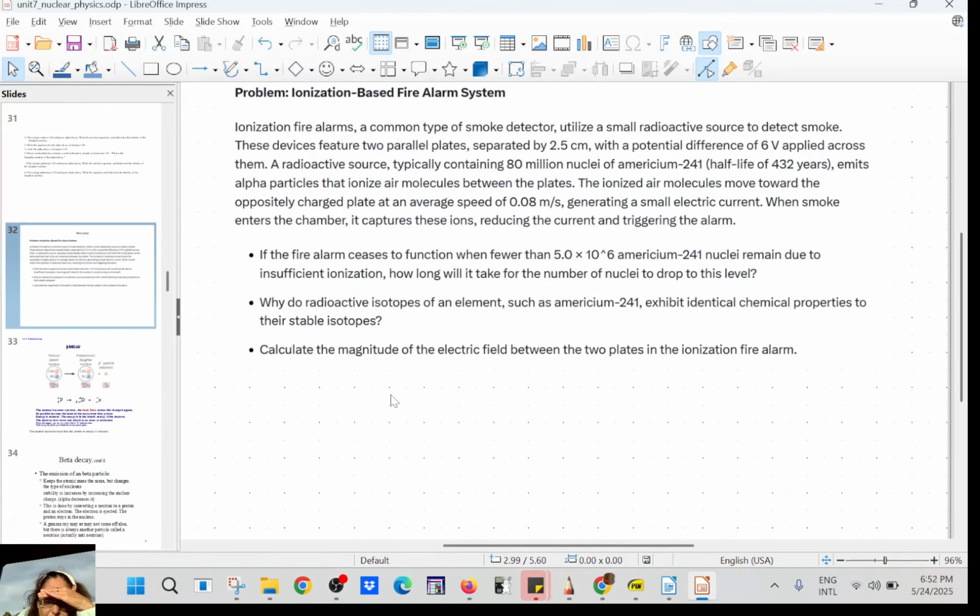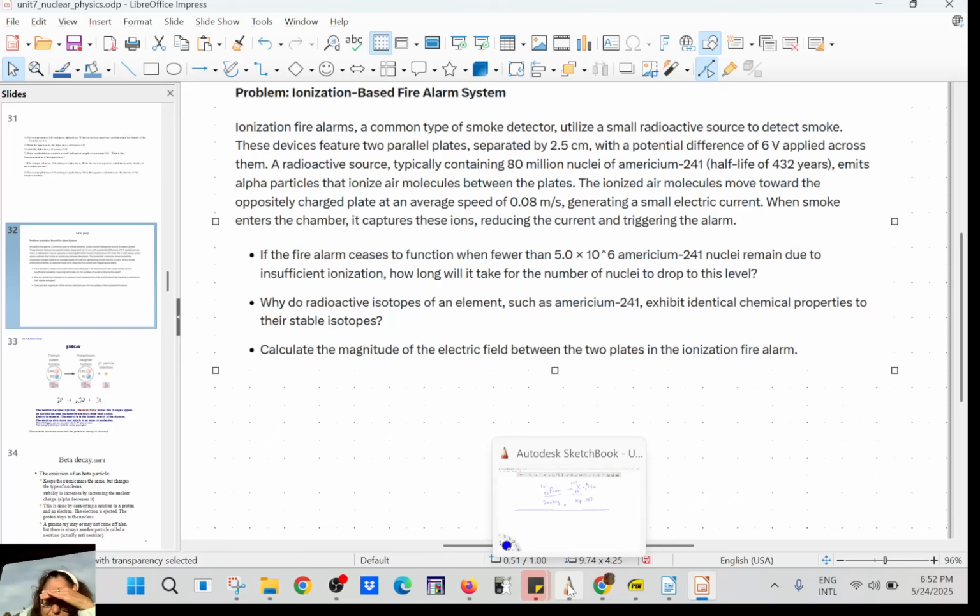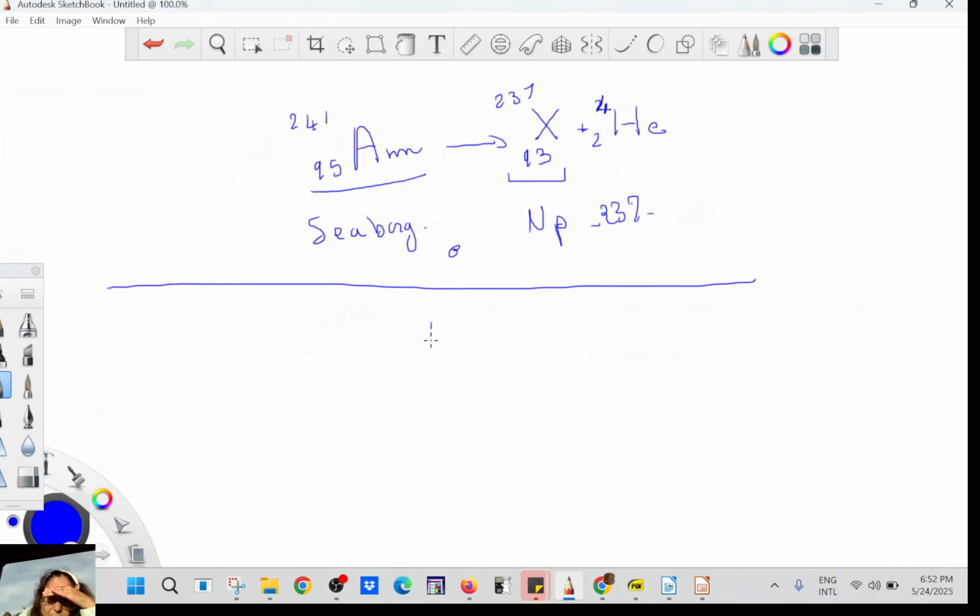So let's look at the next question, and it could be a tangent here. They are asking you the electric field between the two plates. Okay, so this is very simple also. If you remember the electric field between two electrodes, it's very much like the two parallel plate capacitors. So you have one electrode here, which is positive. Here it's going to be negative.